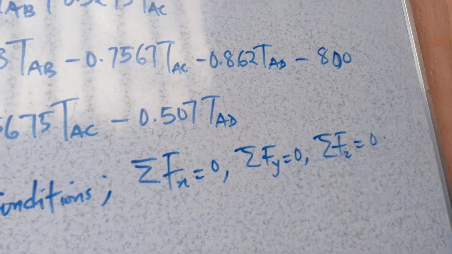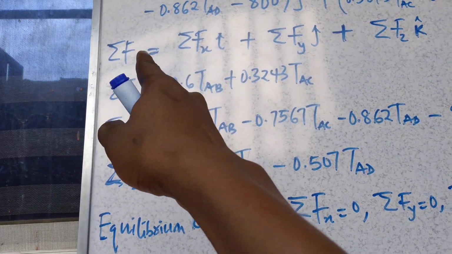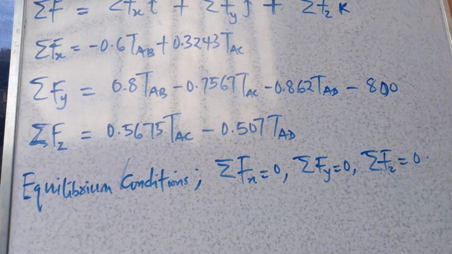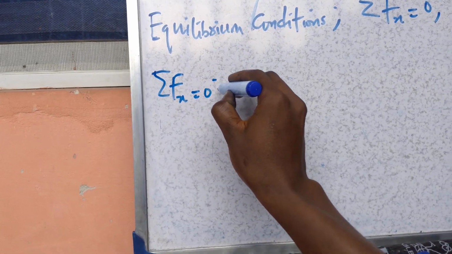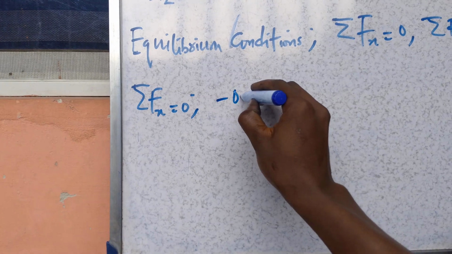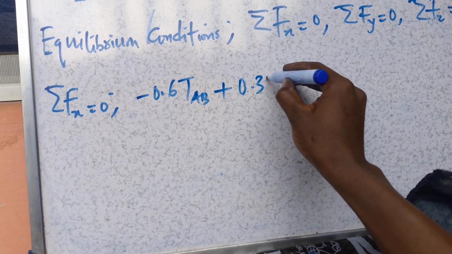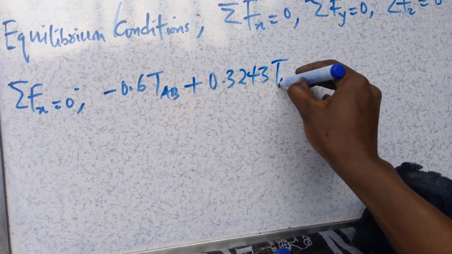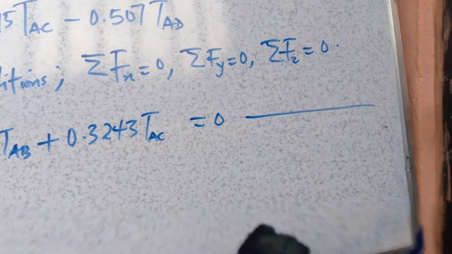I apply it to the three equations. So sigma Fx equals 0 gives minus 0.6 TAB plus 0.3243 TAC equals 0. Call this equation 6.